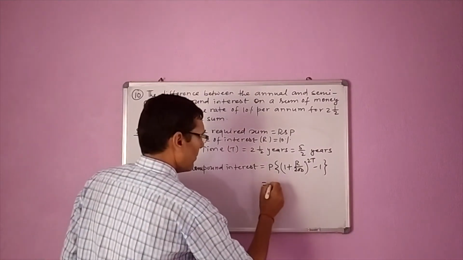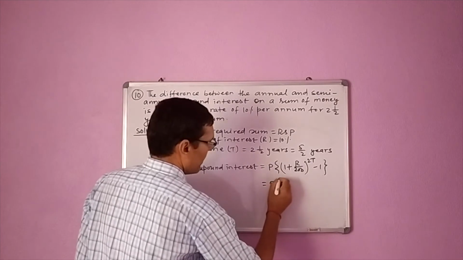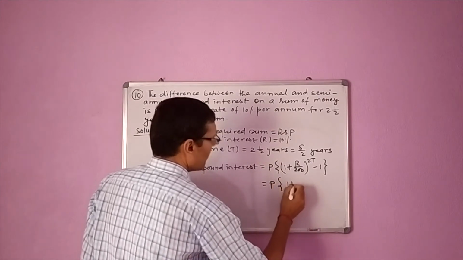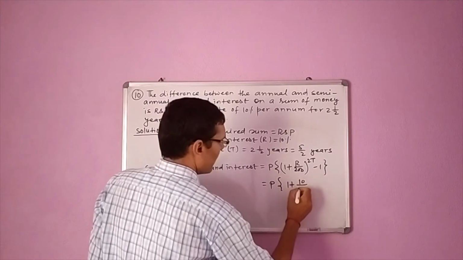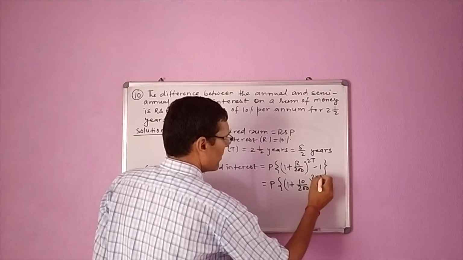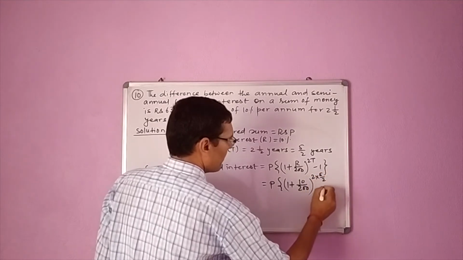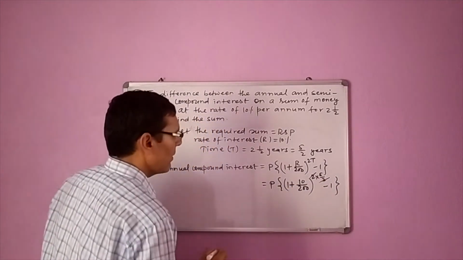So we don't have the value of P, we keep this P as it is. So 1 plus the value of R, 10 upon 200, to the power 2 into T, which is 5 upon 2, minus 1. These two cancel.